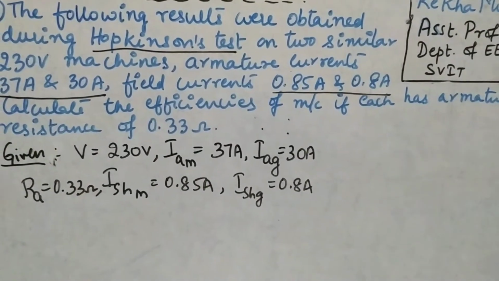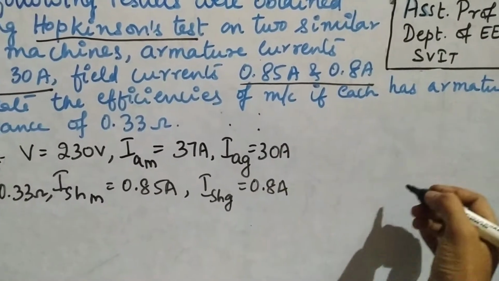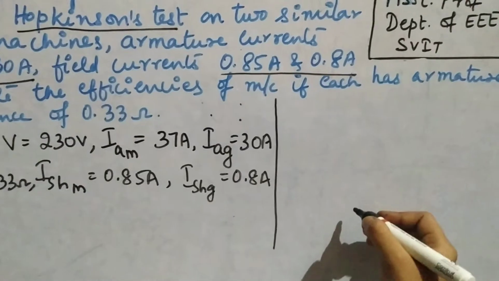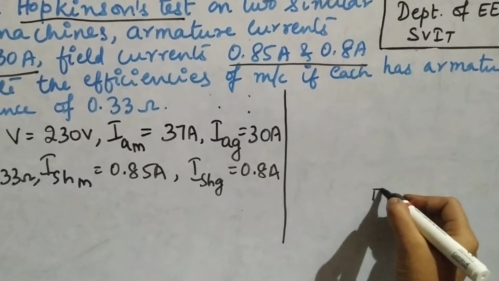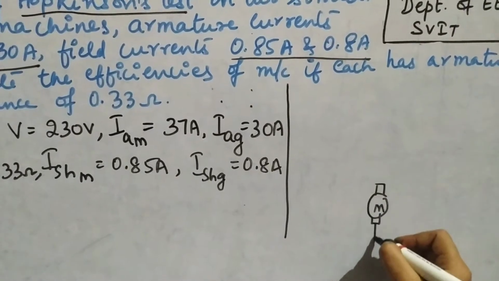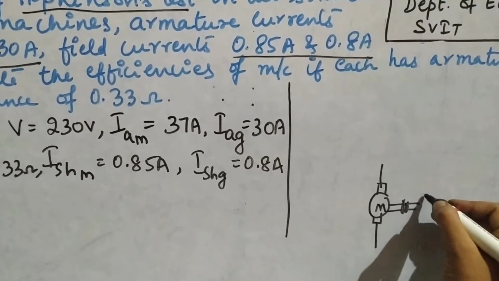Now let us draw the circuit diagram. I can draw the motor first, and this is coupled to the generator.